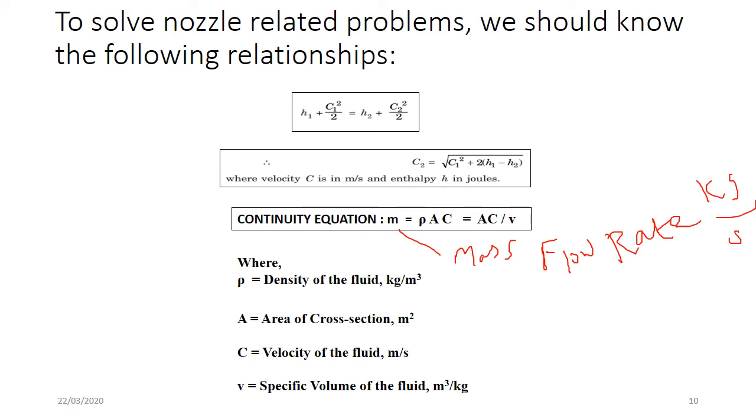The unit of mass flow rate is kilogram per second.